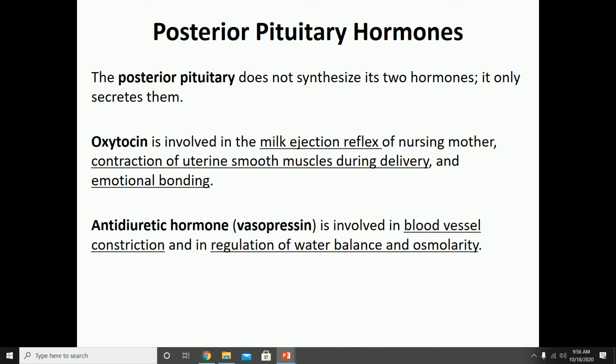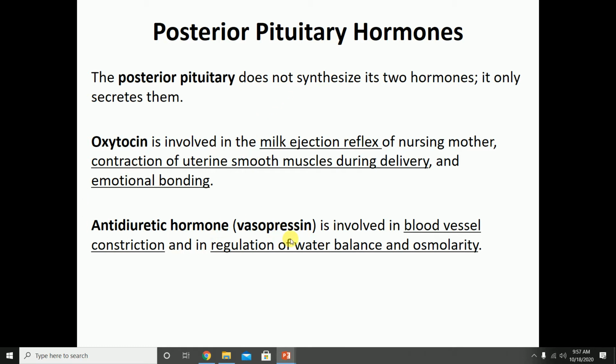And again, they are going to reach the posterior pituitary and be secreted from there. Oxytocin's action is related to the milk ejection reflex during breastfeeding. It also helps in the contraction of the smooth muscles of the uterus during delivery. And it also was found to have a relationship with that emotional bonding between mom and baby.